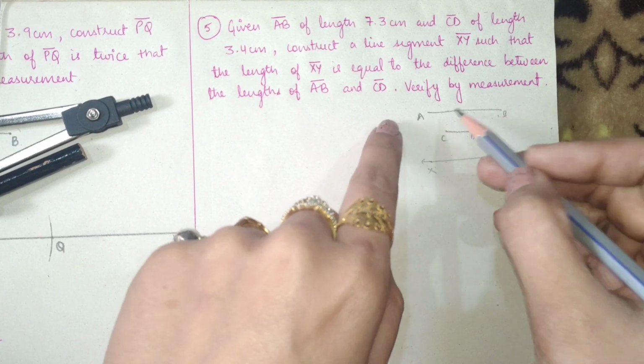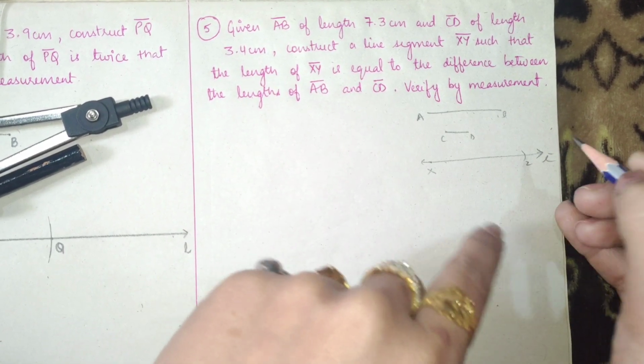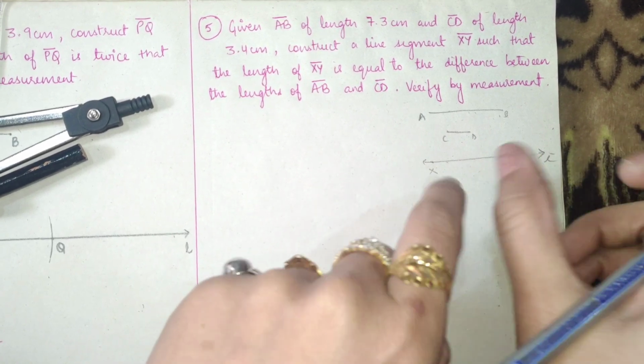XY should be the difference between AB and CD. So we'll take another letter for this, suppose Z, and now we have drawn XZ.